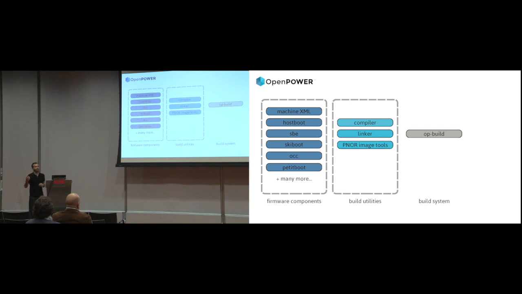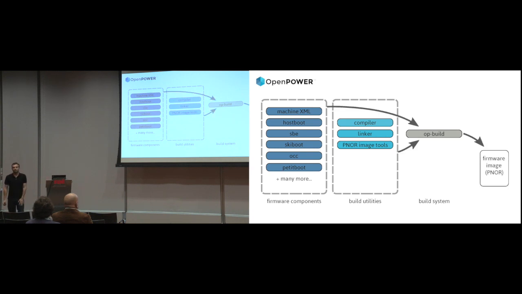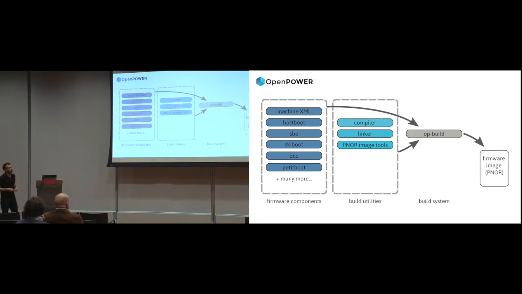So it handles the download, configuration, compilation, and packaging of all these bits on the left, using the bits in the middle to construct you a firmware image. And in most cases, that's the thing that we flash into the processor NOR, the PNOR, on these machines.